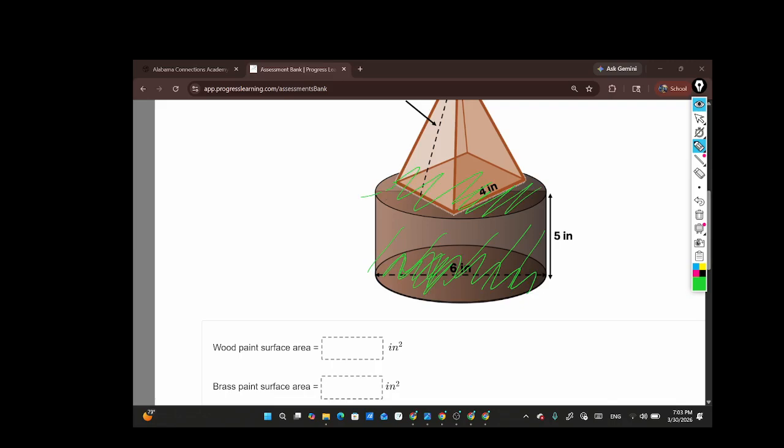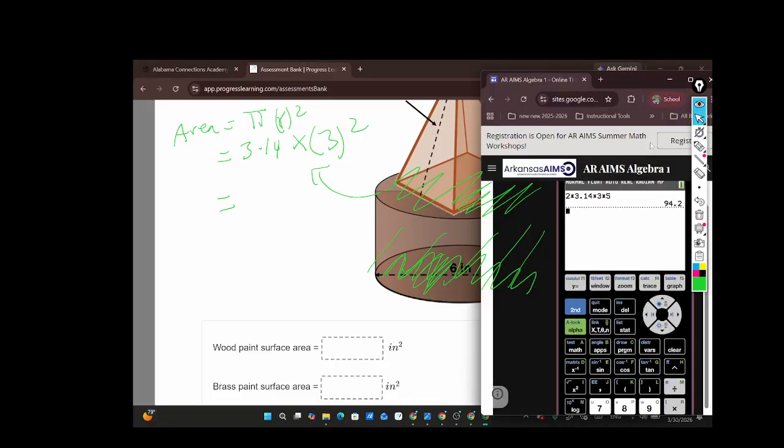The area of a circle is pi times r squared, which is the radius squared. We substitute 3.14 times the r, which as we said before is 3. We need to square it, and to find the answer we need to use the calculator.